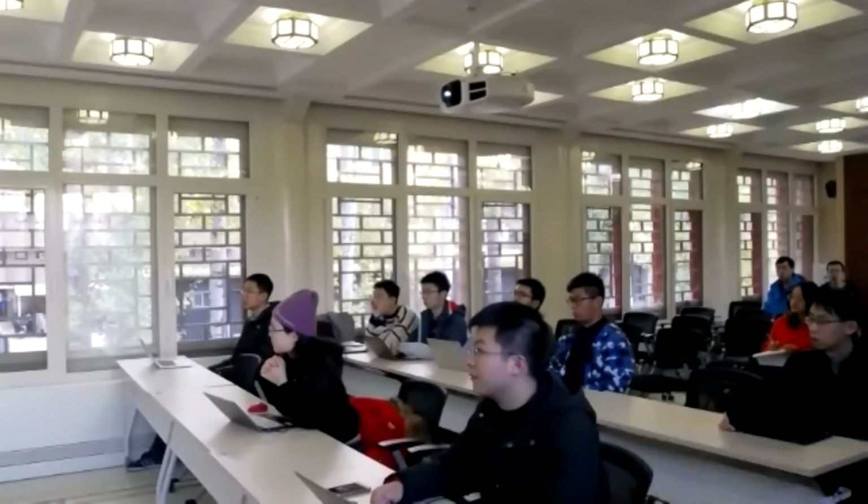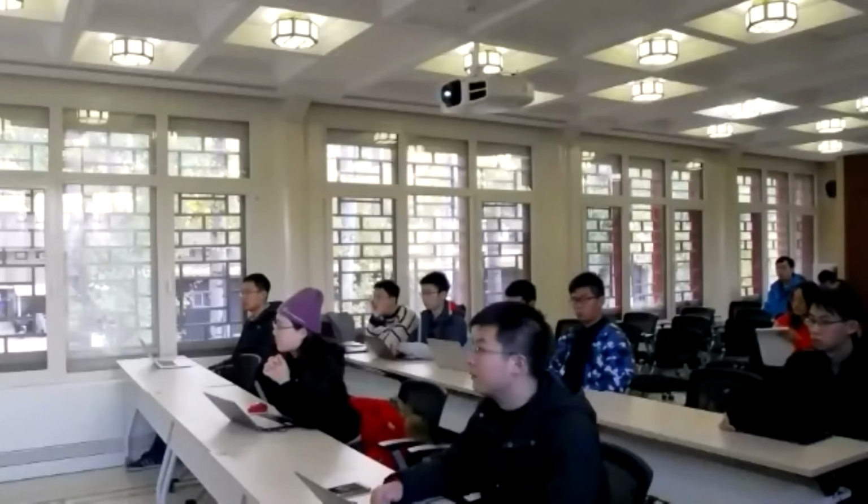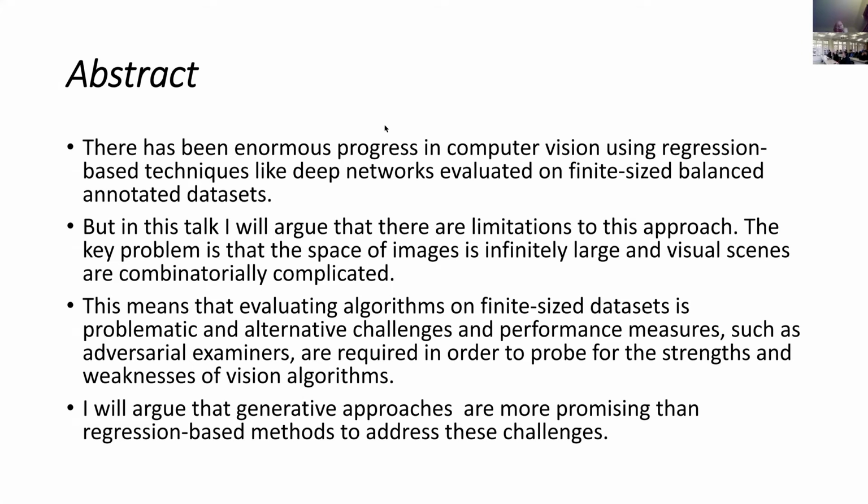The key problem is the space of images is infinitely large and visual scenes are combinatorially complicated. I'll describe that in more detail during the first part of the talk. We have certain methods of evaluating algorithms, and I think they are good but need to be updated and changed, and the talk will be about the rest of that.